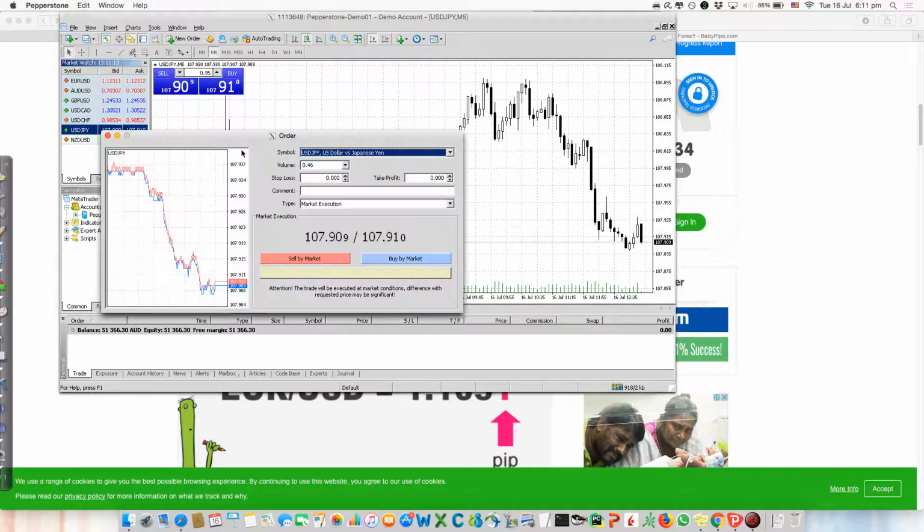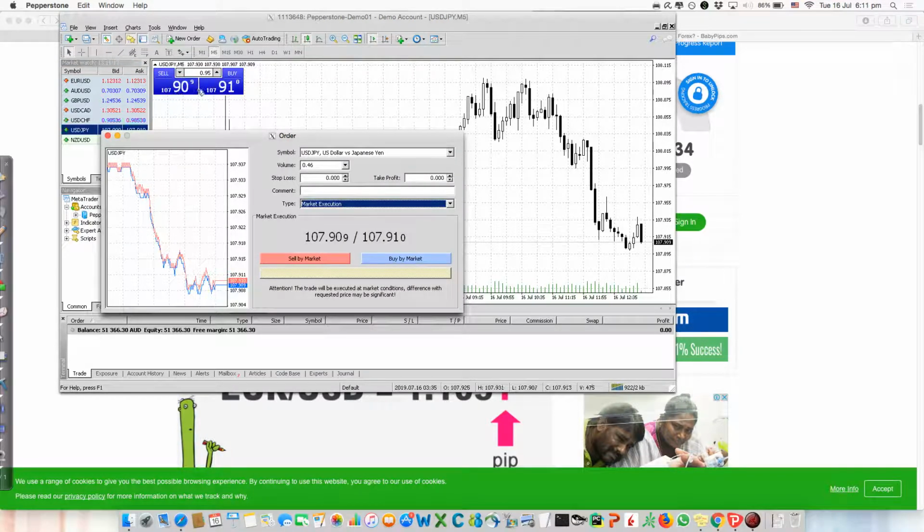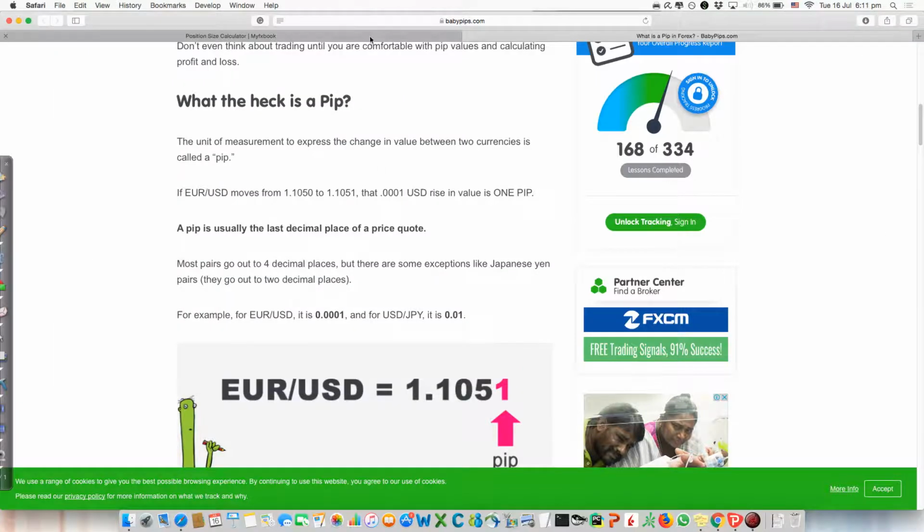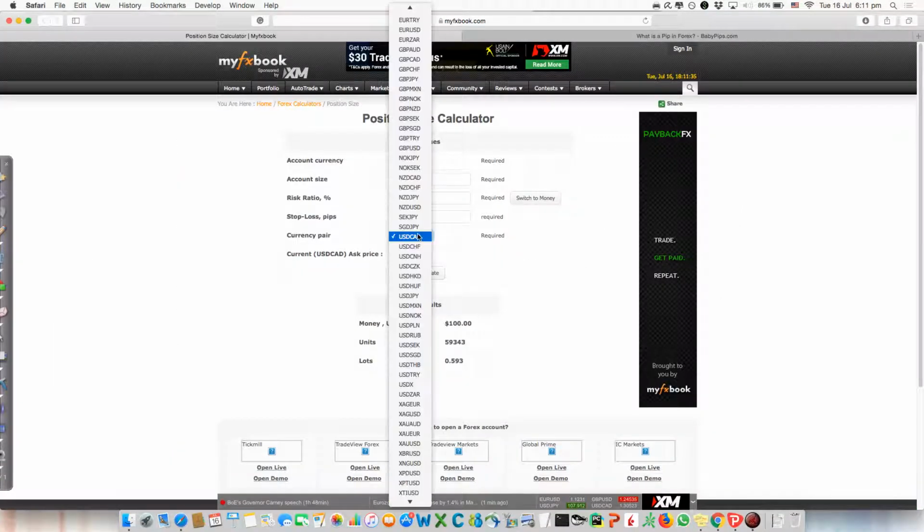If I want to trade the yen, instead of 4 decimal points, I have 2 decimal points. Again it is the number before the small number. So 1 pip here is not the fourth decimal point, but the second one. What do I mean by that? Suppose I want to place a trade for US dollar, Japanese yen.